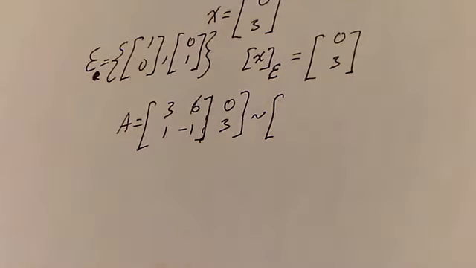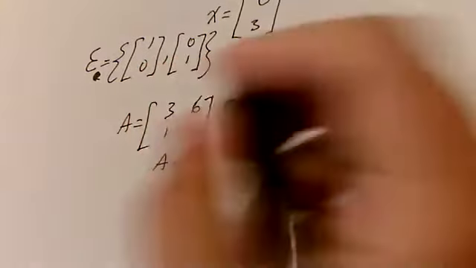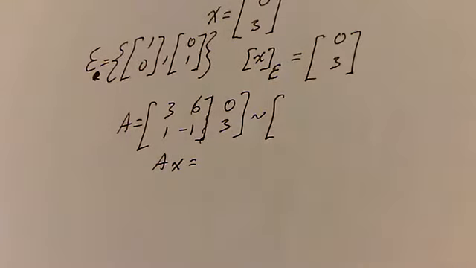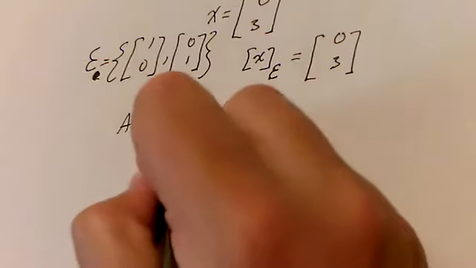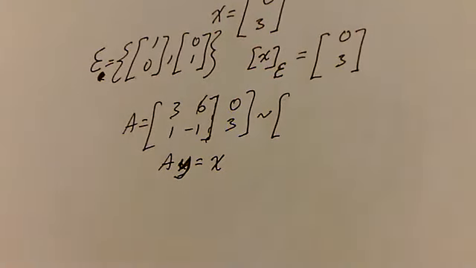So what that means is this is analogous to using Ax equals the actual vector. So let's actually call it Ay just to be careful. Ay is equal to x.